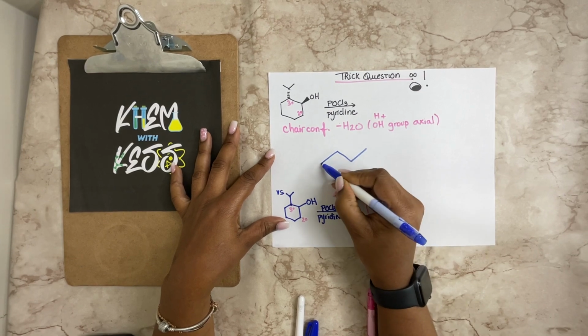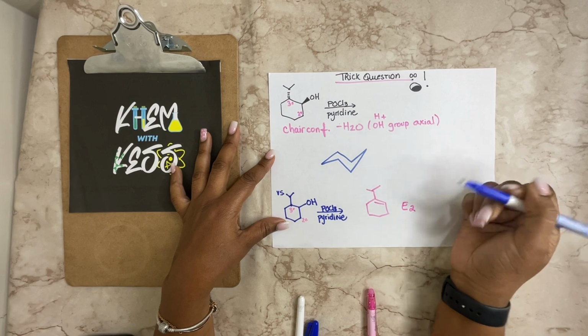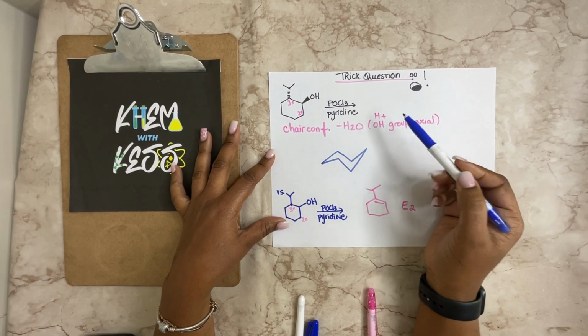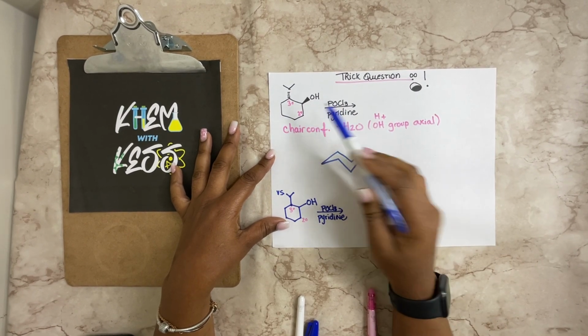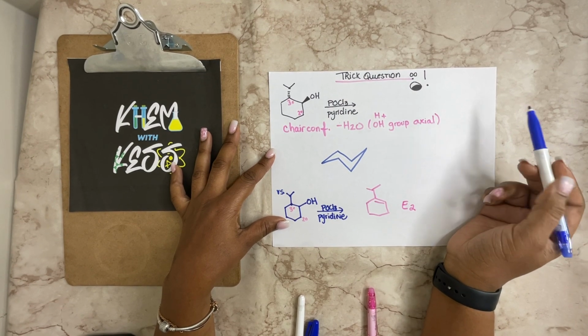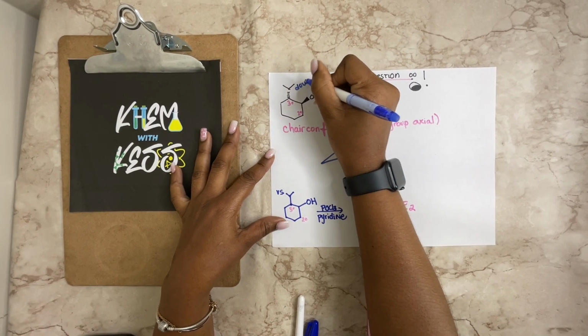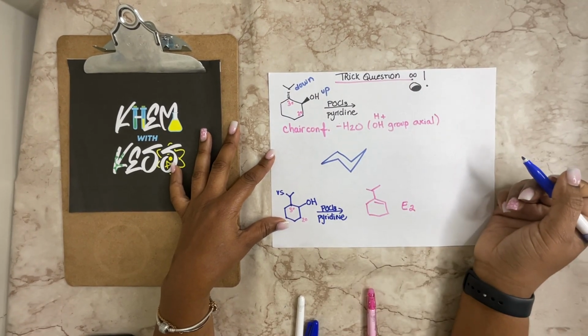So first, I like to save time, so I don't like to redraw chairs like the ring flip of the structure. So I tend to look at my OH group, that's my first step, and I determine if it's going up or down. In this case, it's going up, and the isopropyl is going down. That's my step 1.